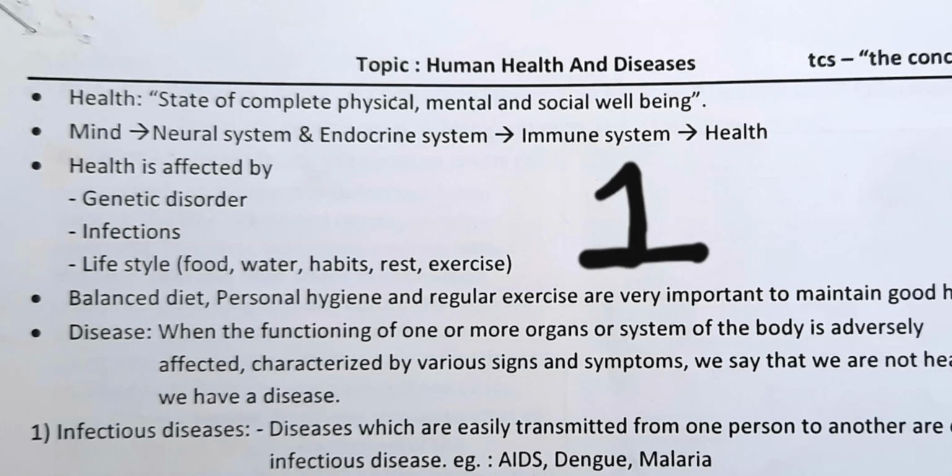But that's not the only way infection spreads. Water, food, air, even sexually transmitted diseases which you have studied in a previous chapter. So infections can also lead to deterioration of the health of the body.